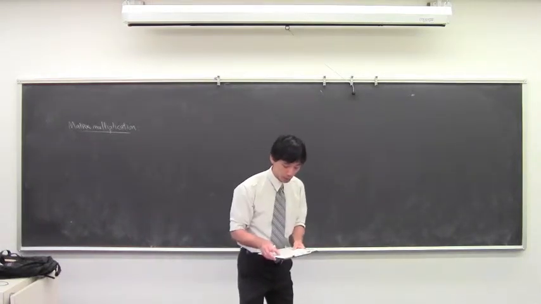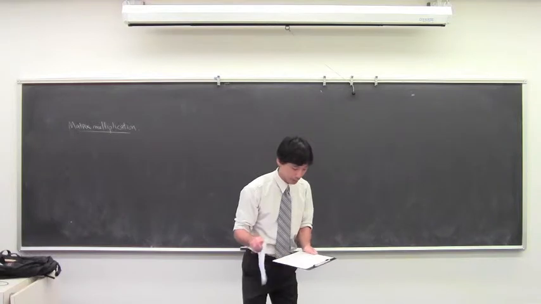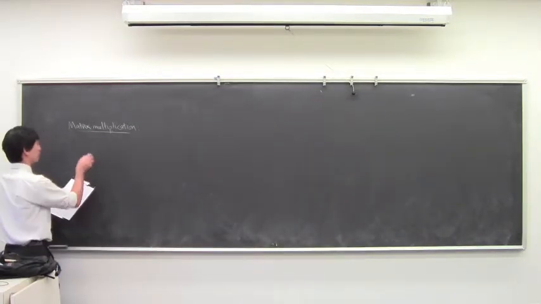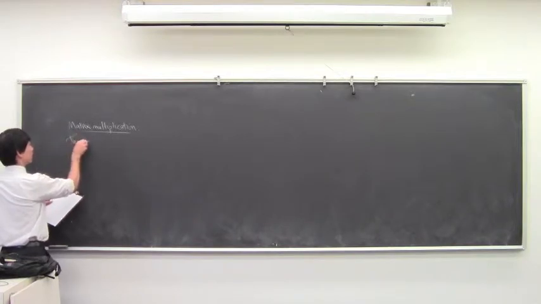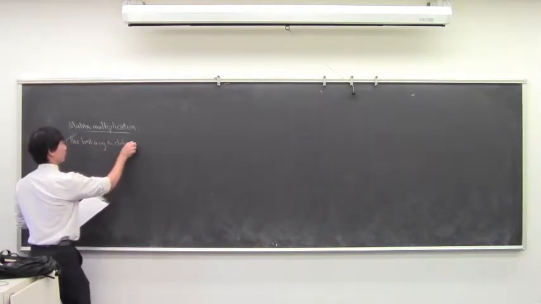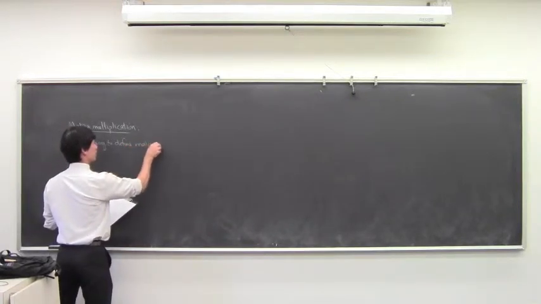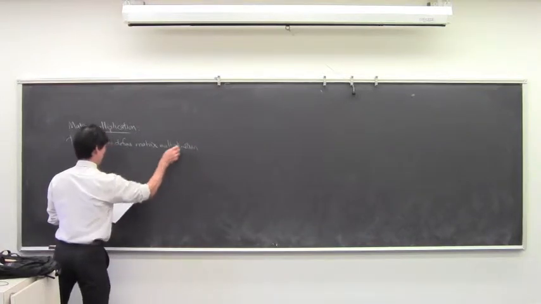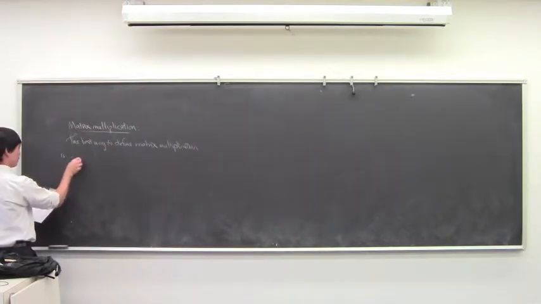There turns out to be a best way to do it. It's a little bit complicated, but here's how you define it. The best way to define matrix multiplication is as follows.